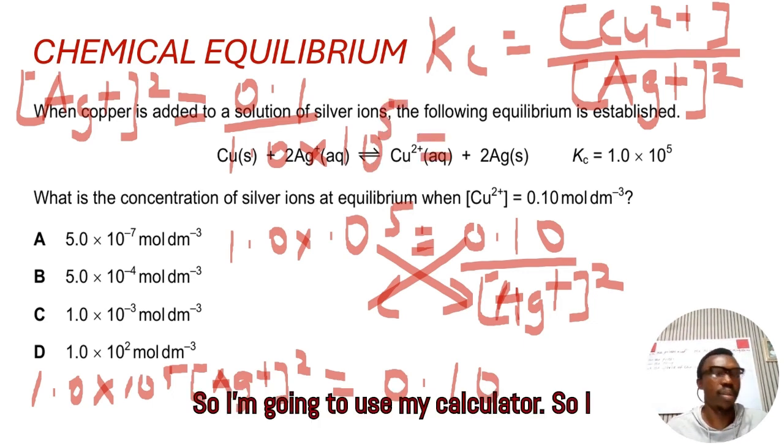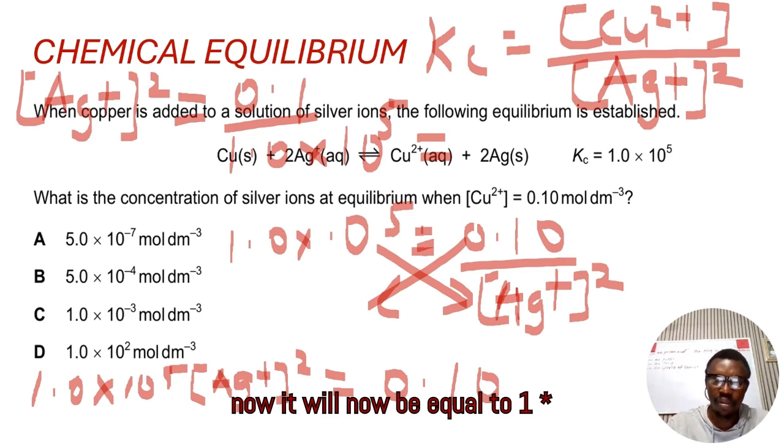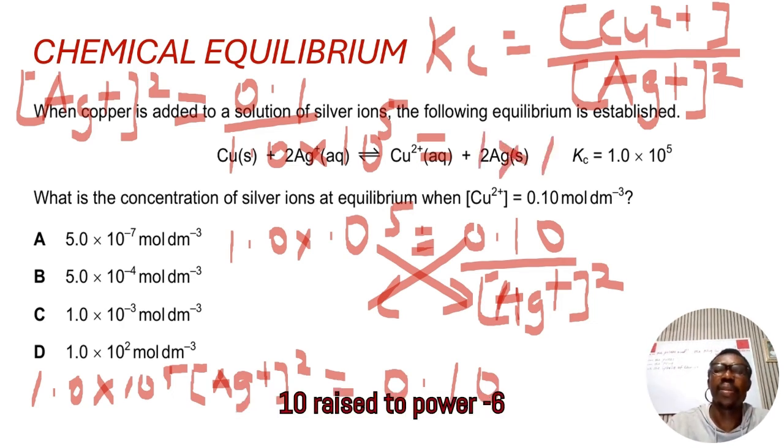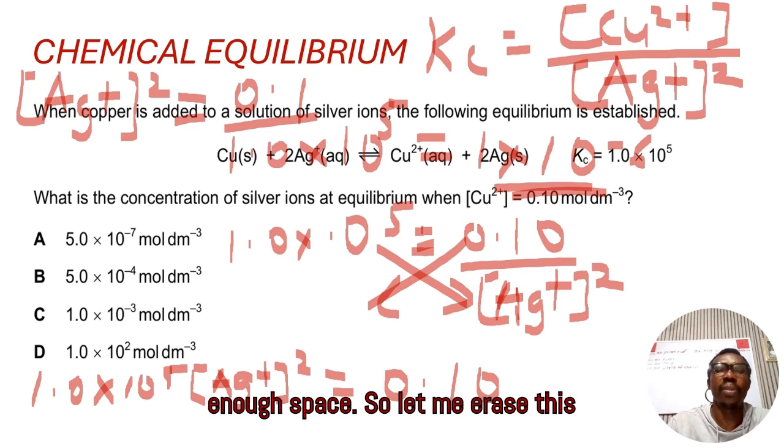So I'm going to use my calculator. 0.1 divided by 1.0 times 10 raised to power 5 will now be equal to 1 times 10 raised to power minus 6. So I have to erase this so that I'll have enough space.